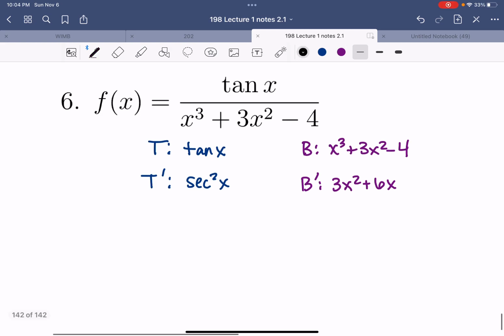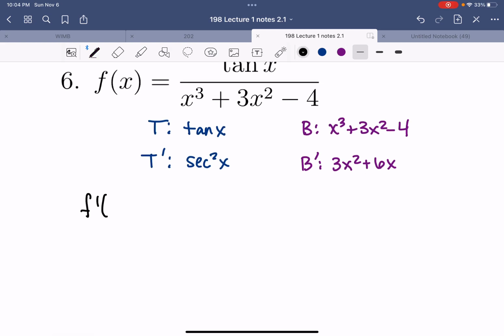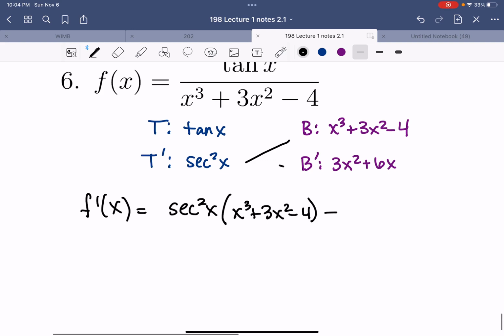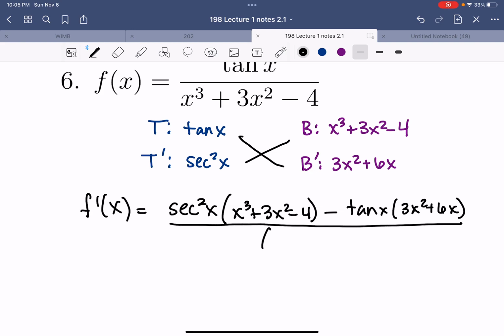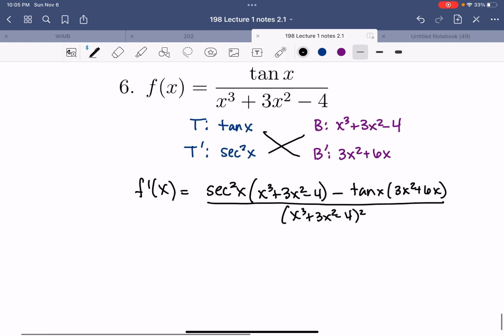So when we put this together using quotient rule, that's top prime bottom, so secant squared x times x cubed plus 3x squared minus 4 minus bottom prime top, tangent x times 3x squared plus 6x, all over the bottom squared, so x cubed plus 3x squared minus 4 squared.